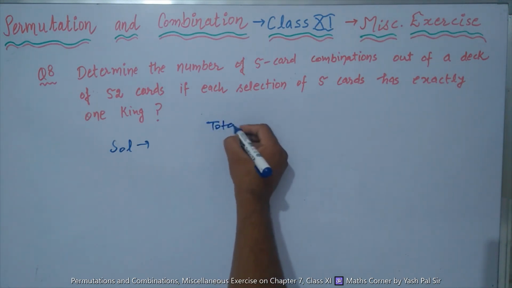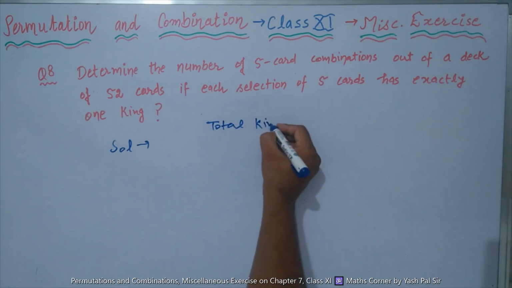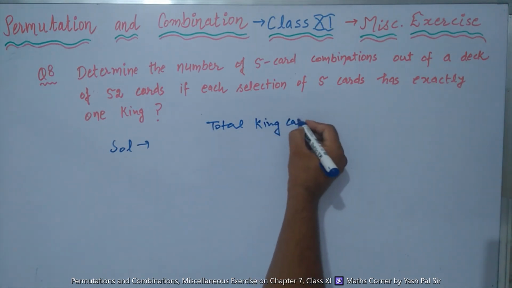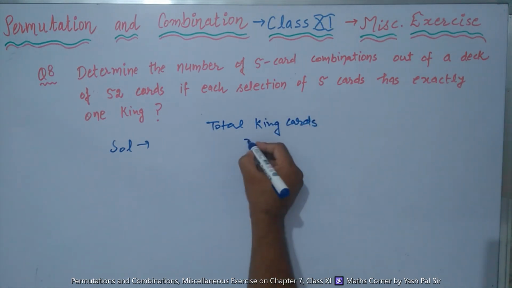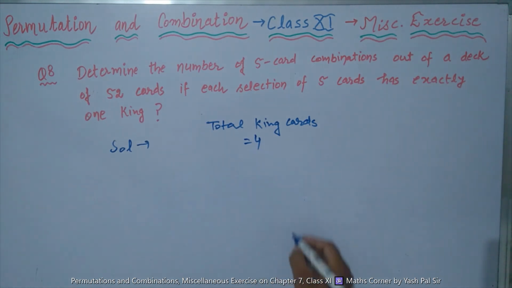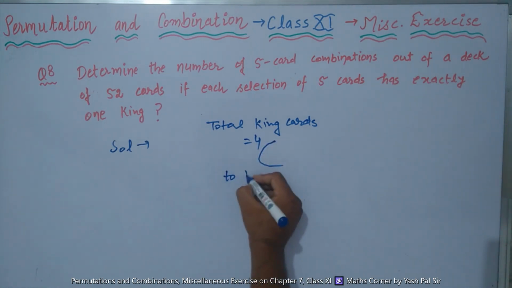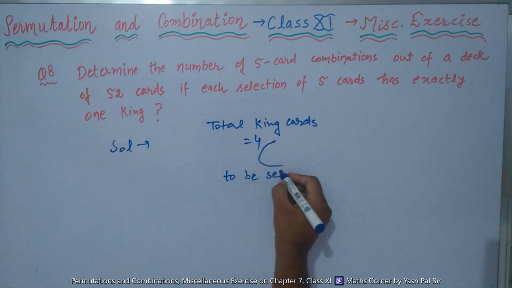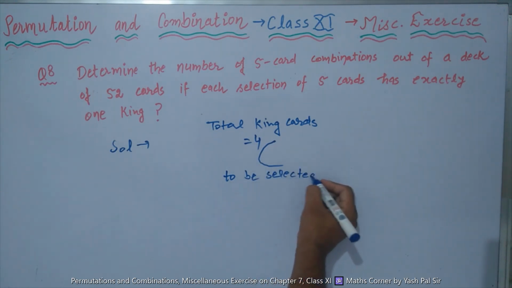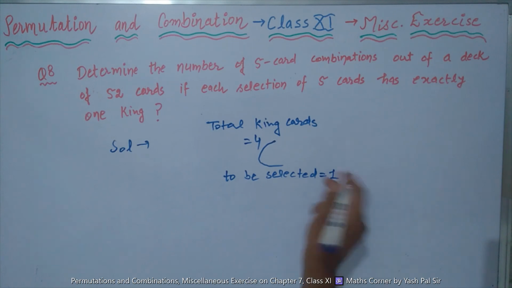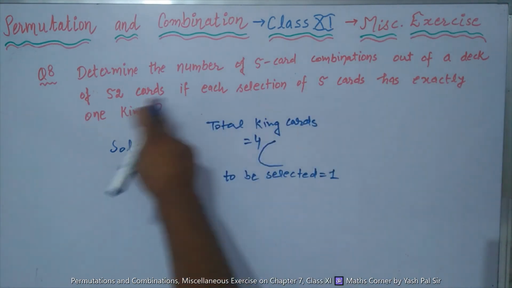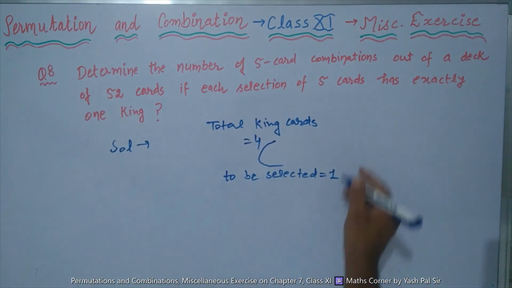Total king cards is equal to 4. 4 king cards are there. And how many are to be selected? To be selected, that is equal to exactly one king.